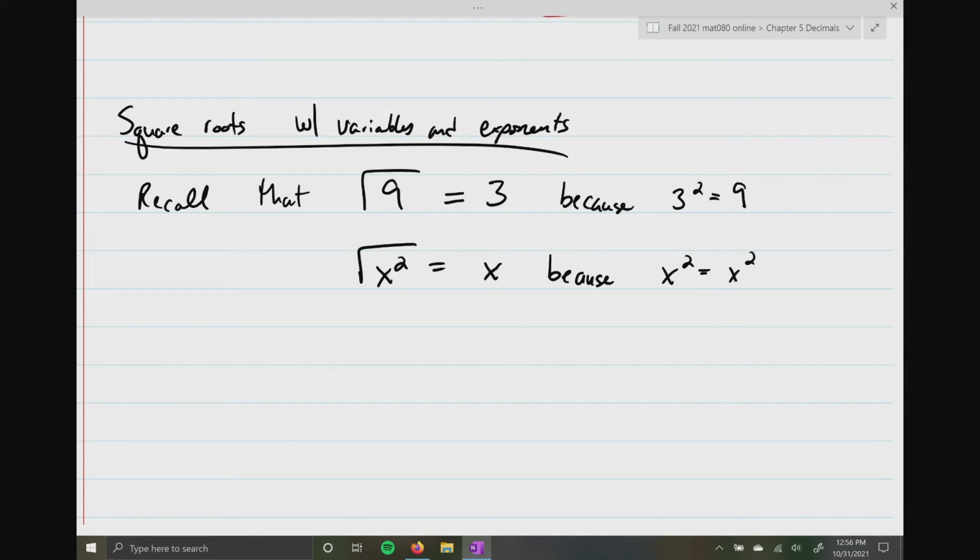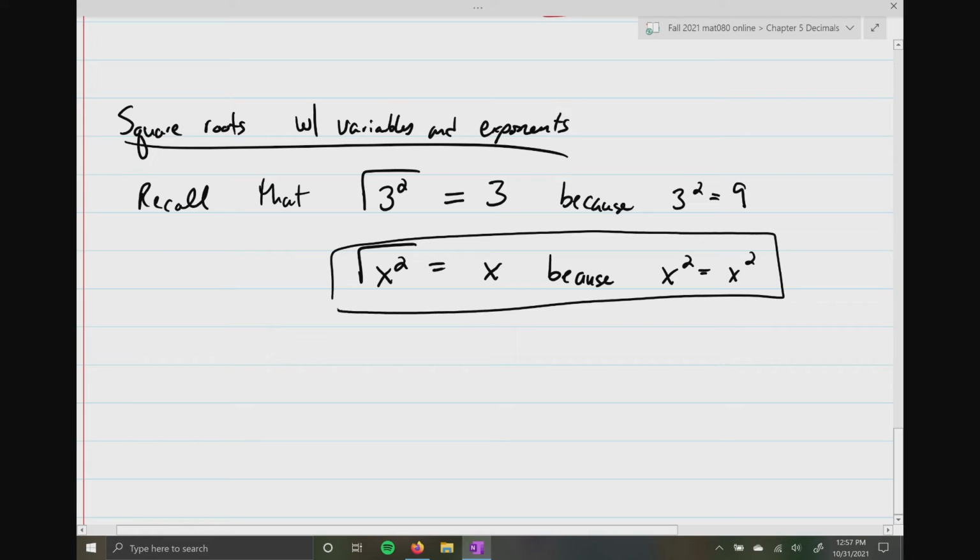So what I'm really saying here is this. Do you see this 9 directly above? Well, we could have rewritten 9 as 3 to the second power. Now the square root of 3 to the second power equals 3 because we know 3 squared equals 9. So this right here follows the same exact trend. So the square root of y squared is going to equal y.